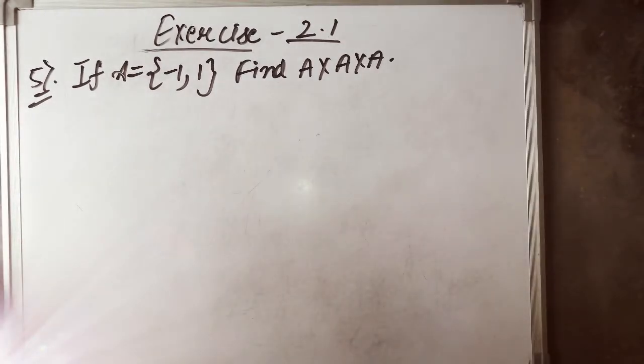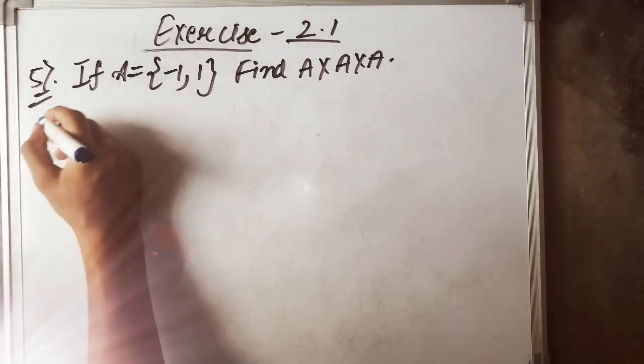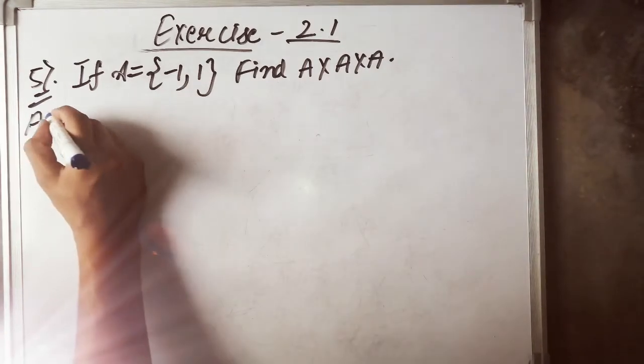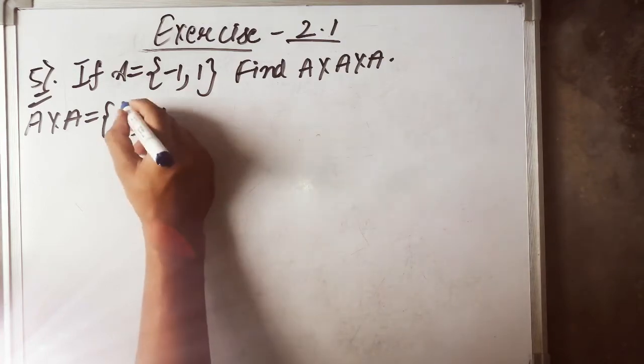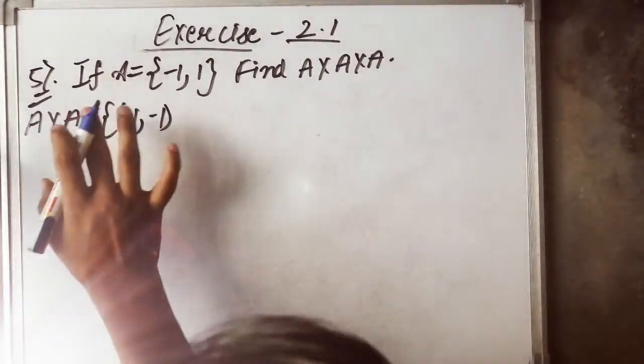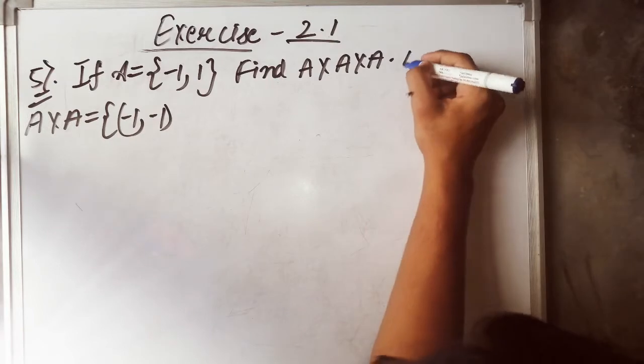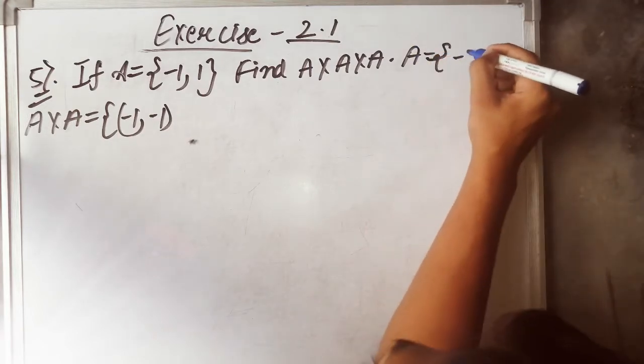Okay, let's do so. A cross A equals (-1, -1), and for better understanding I am writing A once again here: A equals (-1, 1).